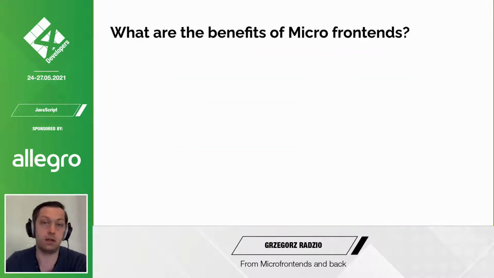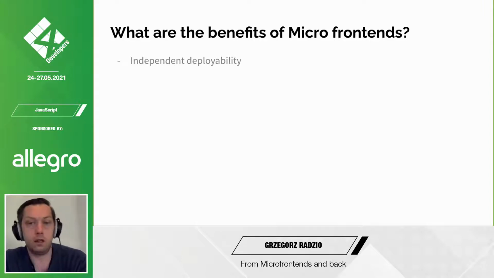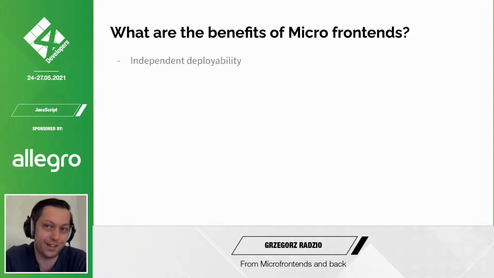So let's go and talk about the benefits of microfrontends. When you build something, you want to hear the benefits of it. So why do I do it, right? And then let's talk about each one of them. So first and foremost is independent deployability. As your team grows, as you scale your development team, you might need to deploy each part of the website separately because, maybe, depending on your Git model, hopefully you use Git.